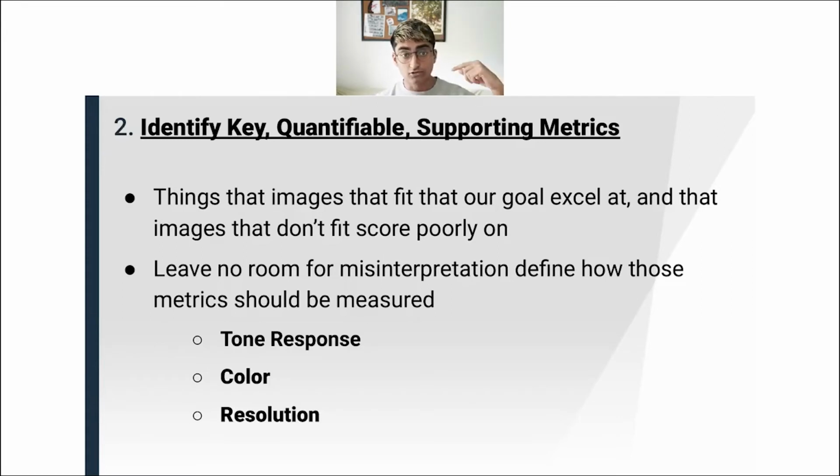And each of those has an ISO document, an entire document dedicated to how those things are measured. So tone response is measured in something called OECF, which is, again, a whole 100-page document on how you measure this. If there is any doubt as to how you should be measuring this, I can say, look at that documentation and it will tell you exactly what you need to do. Color is through delta E, resolution is through something called SFR.